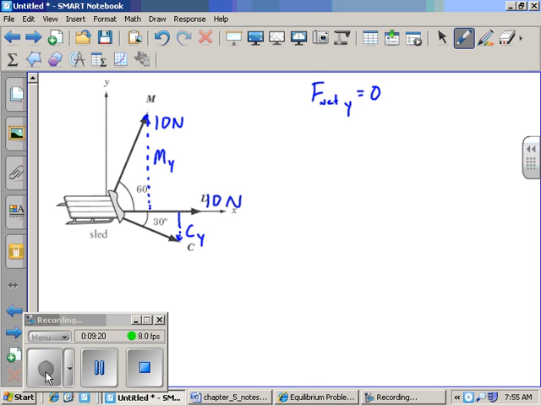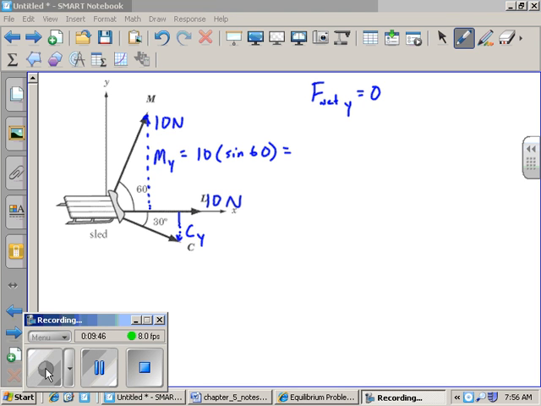Because if this was drawn to scale, My and Cy would have to be exactly the same. However, we can calculate My. My would be 10 times the sine of 60. Go ahead and calculate that now.